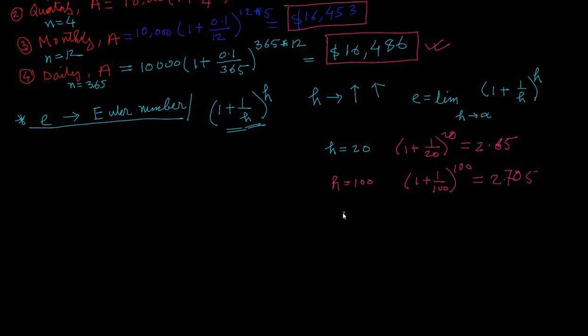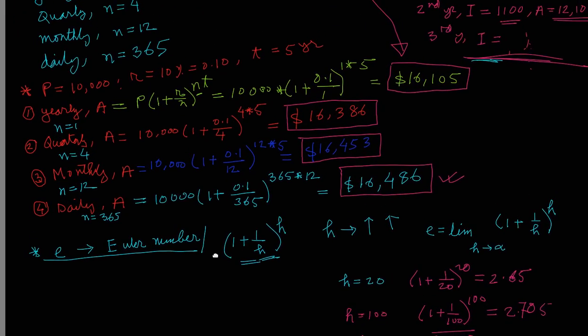So you do not have to put h equal to infinity, like h equal to 10,000 or 20,000. It is not necessary. You are going to find that this limiting value of E is basically 2.71828 and even more digits, and I don't want to write them all, so you can remember only these few decimals. So E is 2.71828.